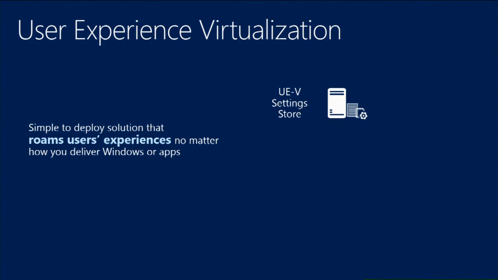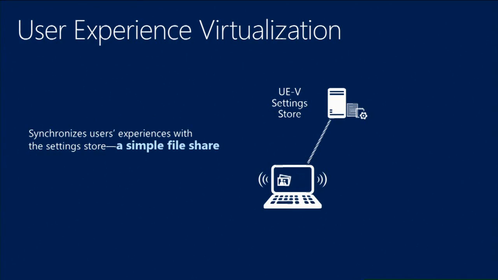And it's pretty simple, from a solution perspective, to roam the experience. We set up our settings store, which is where we're going to have a lot of this information. With the PCs, what's implemented, the client is going to reach out and search the settings store for settings. It's going to pull those at lock or unlock, or close or open of applications, where it's going to look for the changes that we have made on a PC.